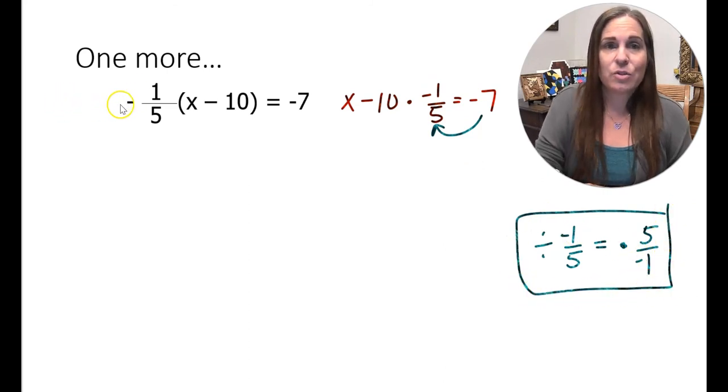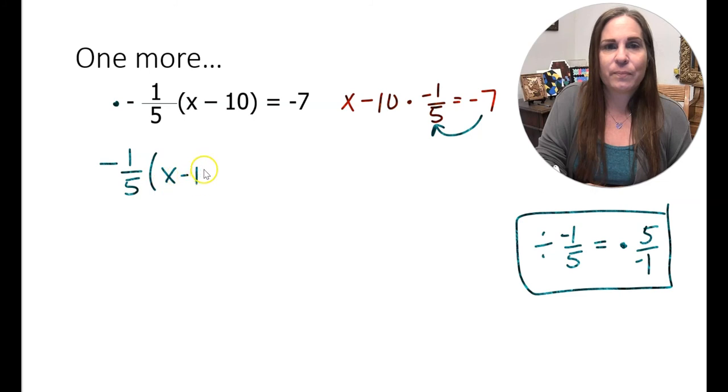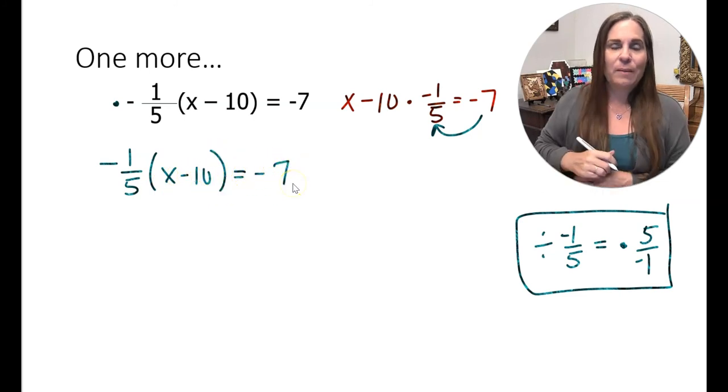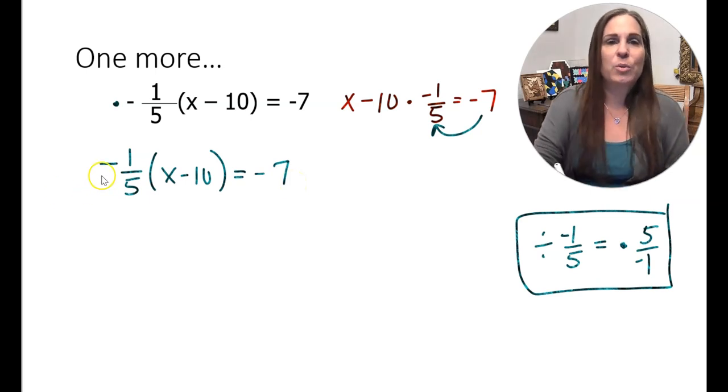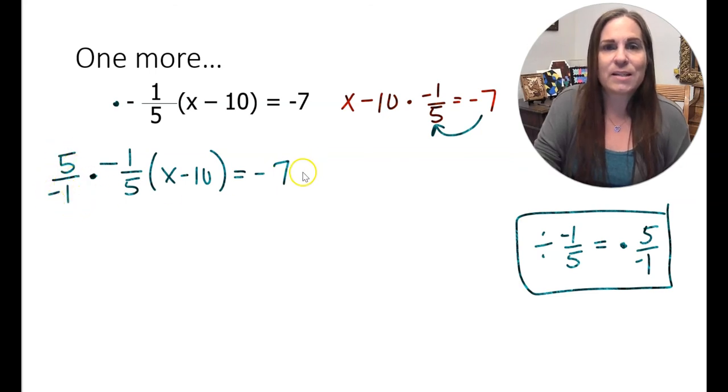So on this side, I'm going to once again rewrite my problem a little bit lower so that I have more room. Okay, so I'm going to multiply by the reciprocal, right? Because that's how we divide fractions.